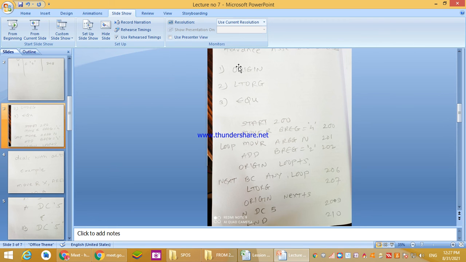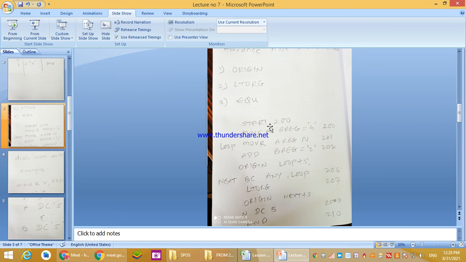Here the word origin comes, whose information we want to see. Keep in mind, when the origin word comes in assembly programming, immediately after that there is always an expression. Here also you can find the expression, loop plus 5.